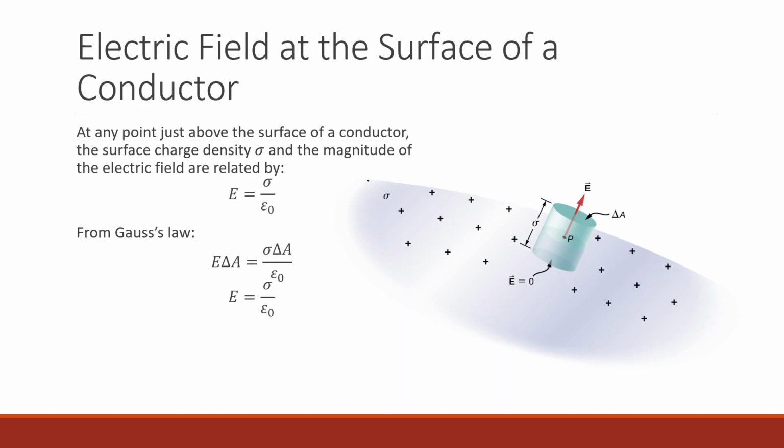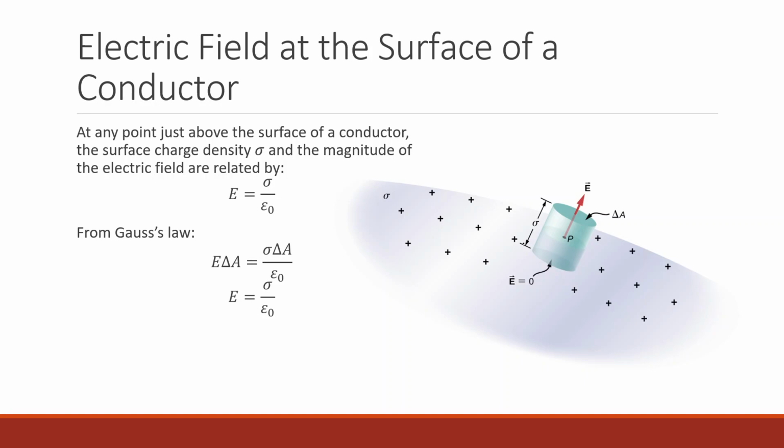So this is our surface of a conductor. We took a small cylinder as our Gaussian surface. Our electric field on the surface is pointing outward, perpendicular to the surface, and actually parallel to our area vector, I'm sorry, parallel to our area.